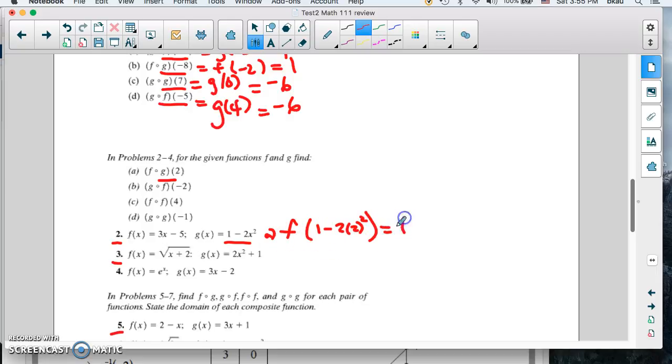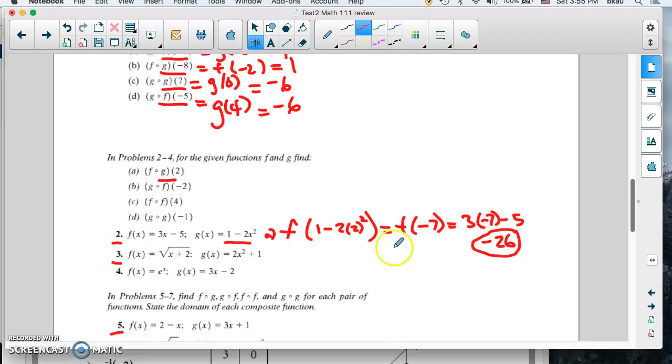That's 1 minus 8, I'm sorry, so this is going to be -7, and then we evaluate f of -7, which is 3 times -7 minus 5, which is -26. -26 would be the answer for number 2, part A.